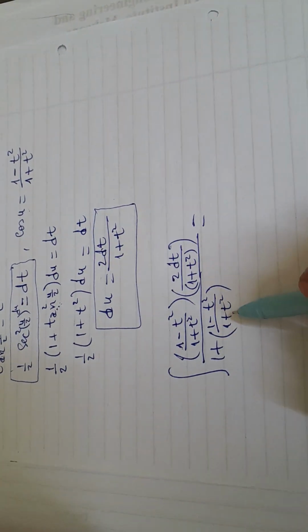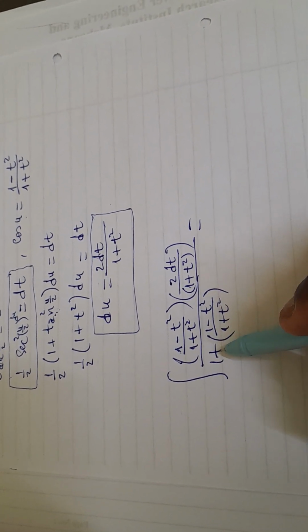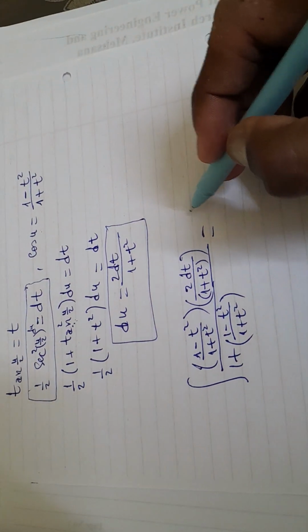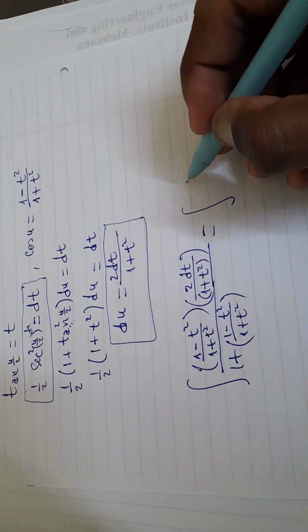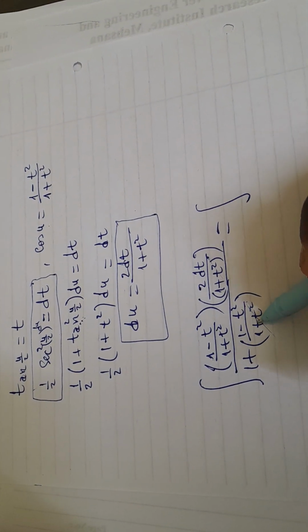Now we just have to find the common denominator here. If we find the common denominator, the minus and minus will go down, so you will end up with this kind of expression. These we are going to cancel out after finding this.